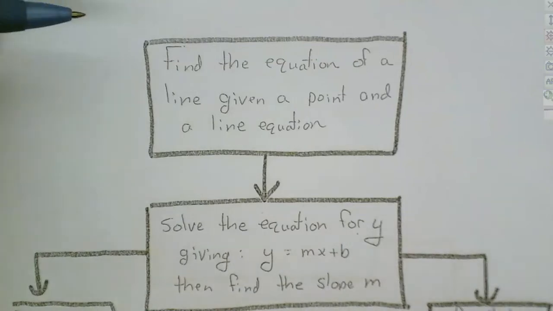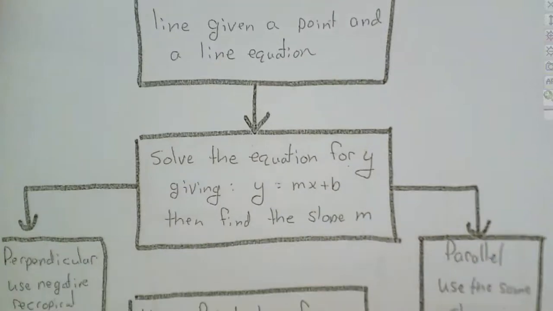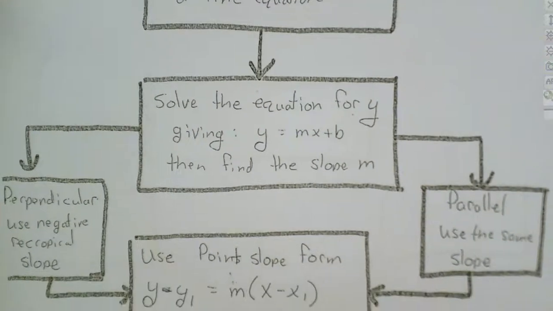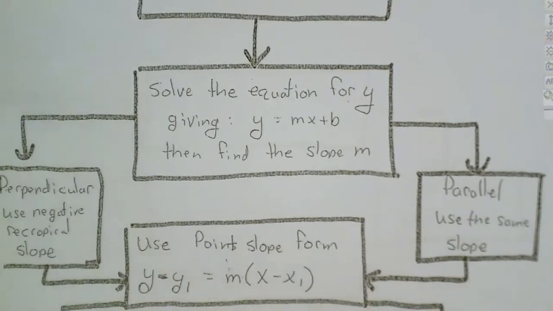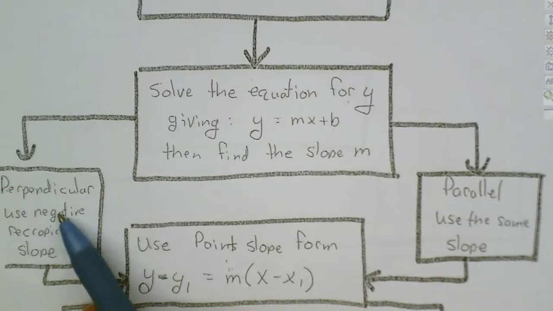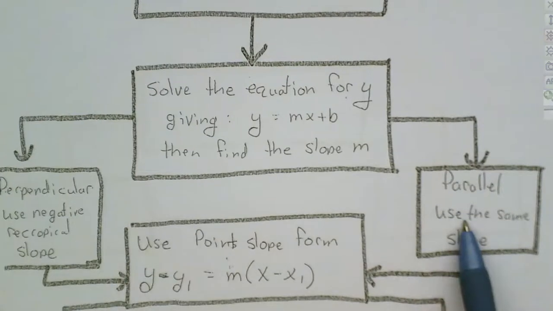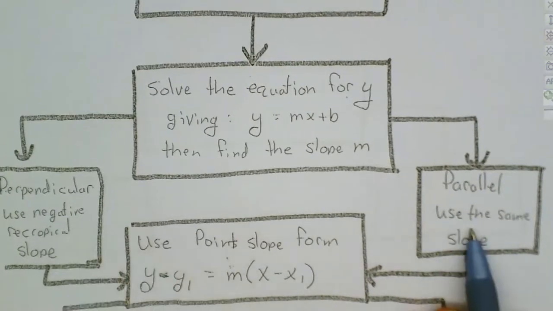So if you got a point and a line equation, the first thing you do is you want to take that equation and you want to solve it for y, and you want to find your slope. Now the question is either going to have you find the perpendicular part or the parallel part, one or the other. If it's parallel, we keep it the same. Nothing changes.